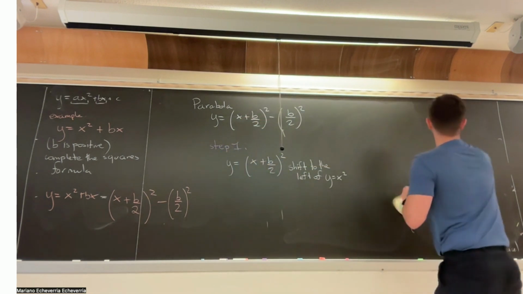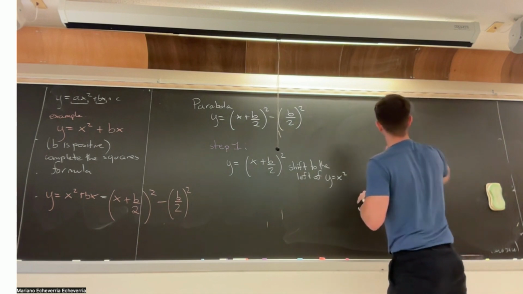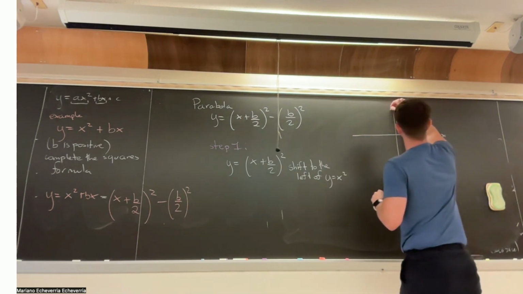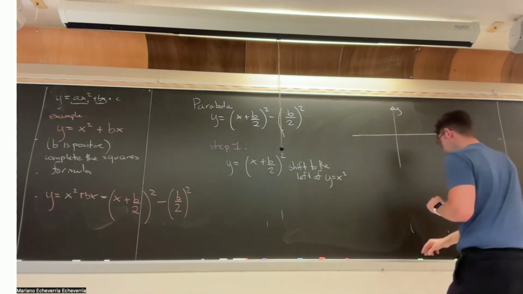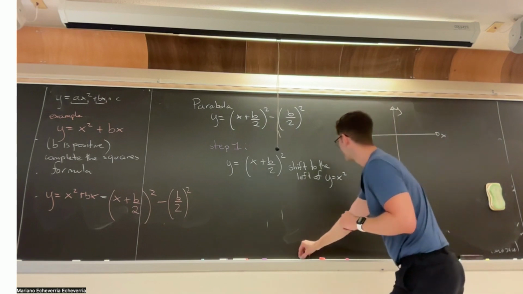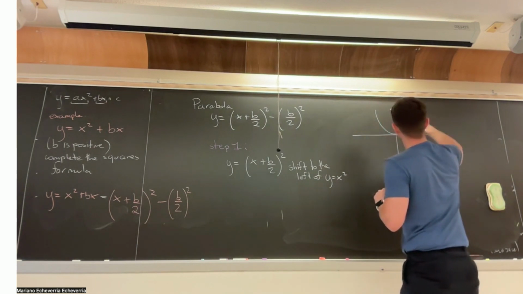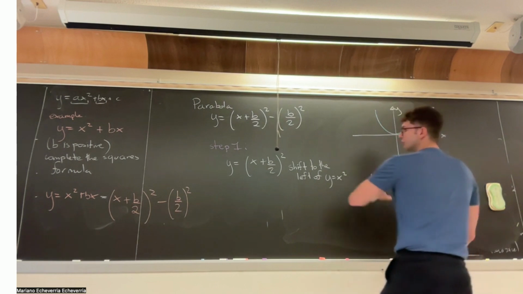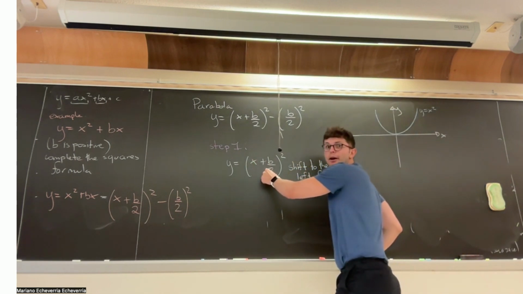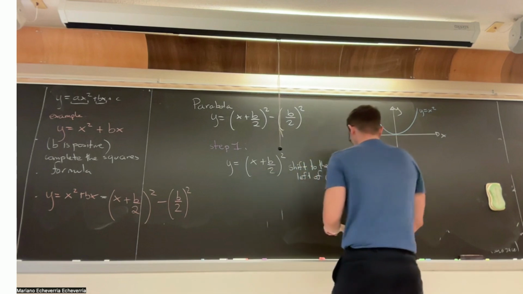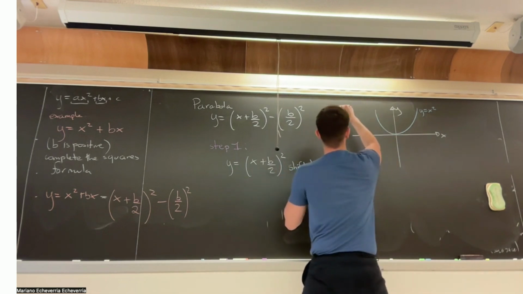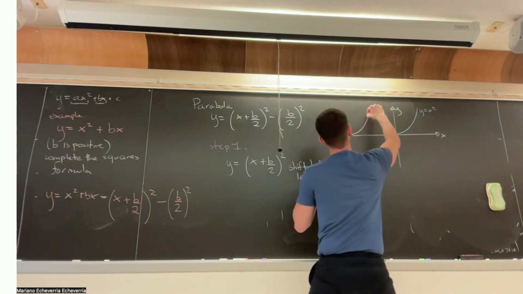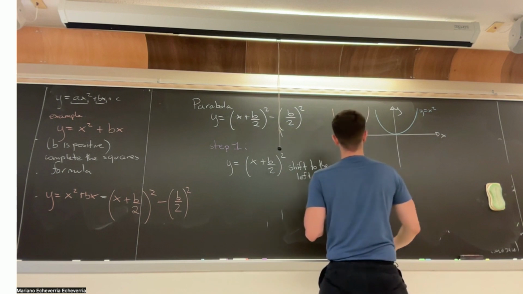Say you have the graph of y equals x squared, I think I used blue, and then you shift it to the left by an amount b over 2.